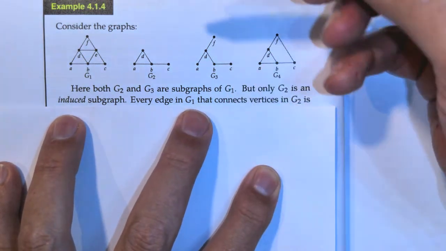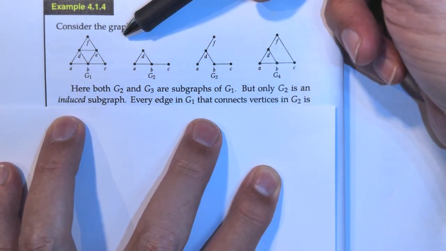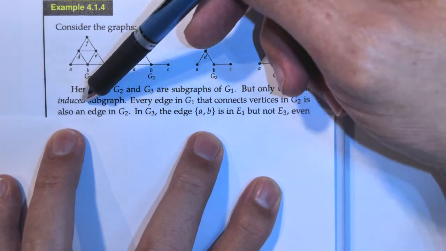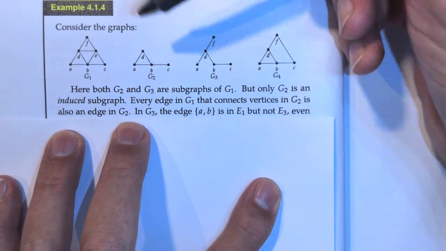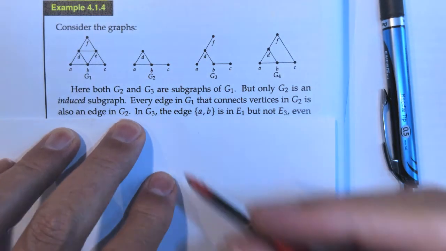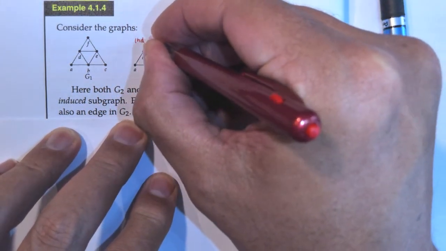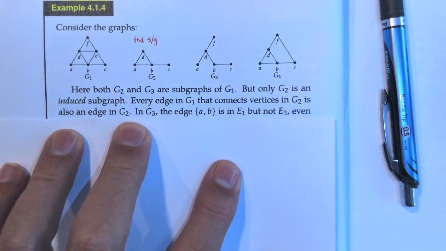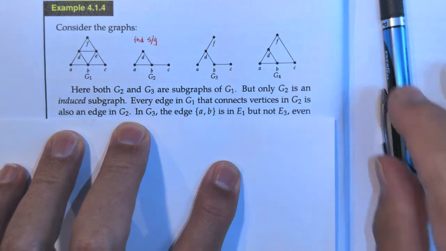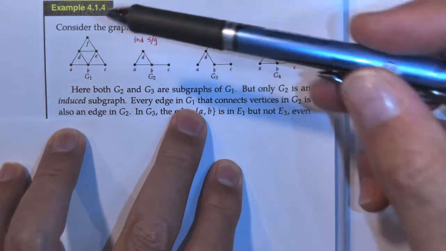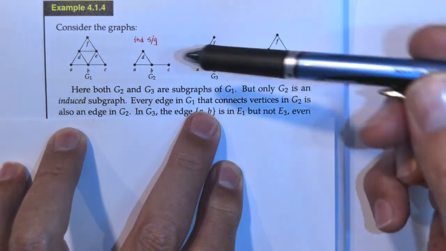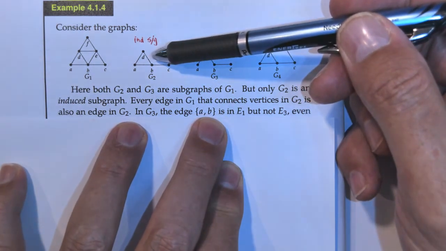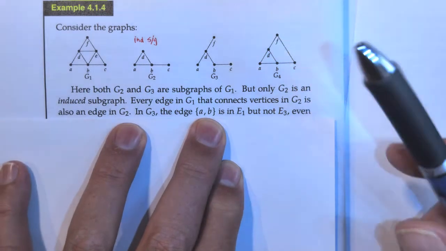Well, every edge in G1 that connects vertices in G2 is also an edge of G2. So this here is an induced subgraph. Why? Again, every edge in G1 that connects vertices in G2 is also an edge in G2. So it's an induced subgraph.